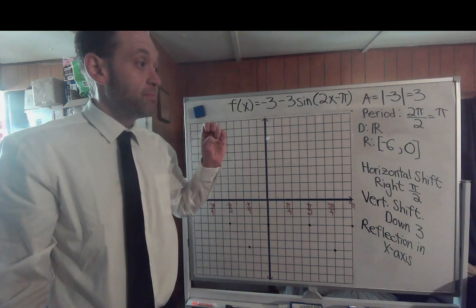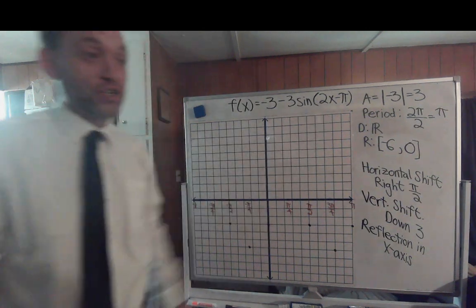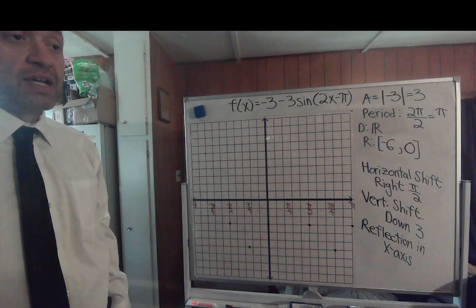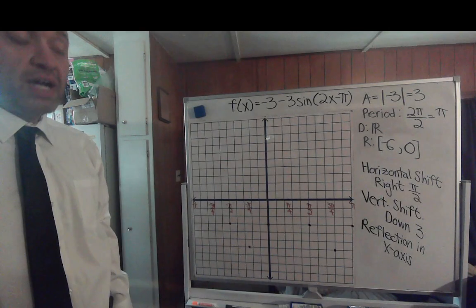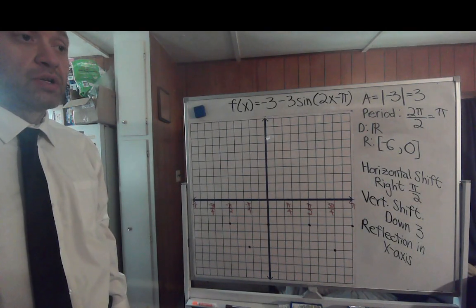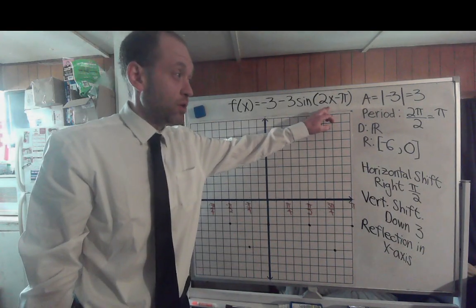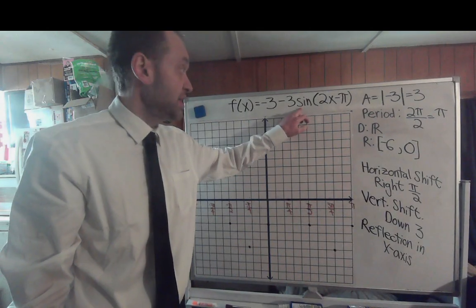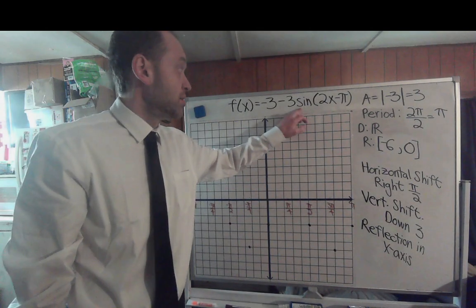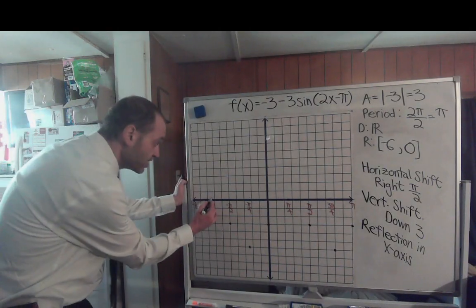Minus pi, that'd be negative 5 pi over 2, which is the same as negative pi over 2. So that would end up giving me negative 1 normally, times negative 3 is positive 3, minus 3 is 0. I'll actually end up at 0 here.